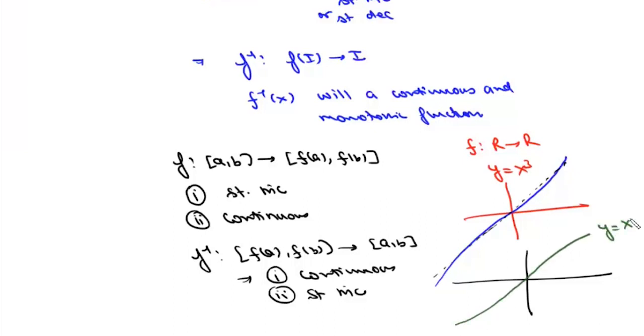This is the graph of y equals x to the power 1 by 3, and it is defined on R to R. Now this function x cube is strictly increasing and continuous, and its inverse function f inverse is also strictly increasing and continuous. So that's our first theorem.